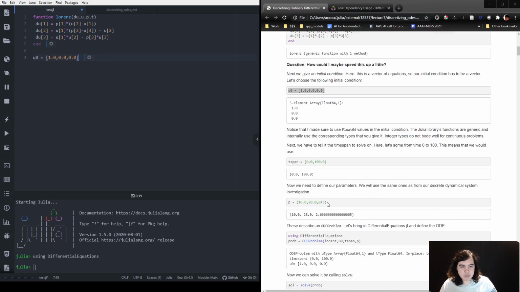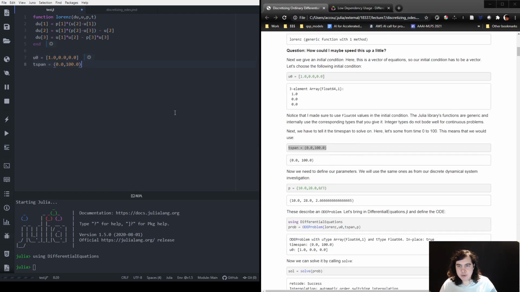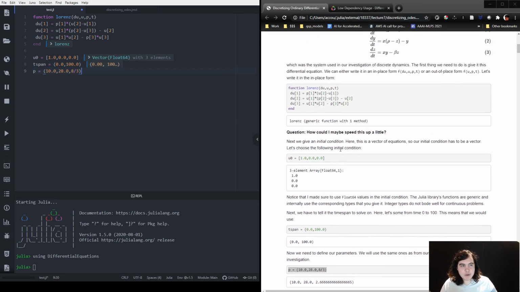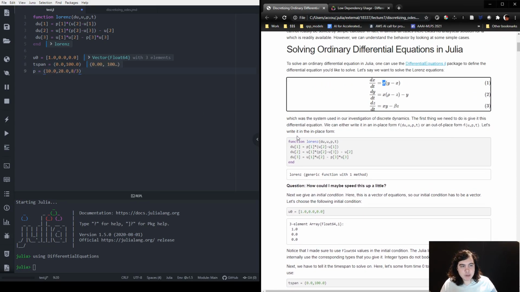So I define the Lorenz equation, I define my u0, I define my time span. My time span tells the system over what time span I'm going to be doing the evolution of the system. So I want to evolve it from 0 to 100. I want my parameters, remember, p1 equals sigma, p2 equals rho, and p3 equals beta.